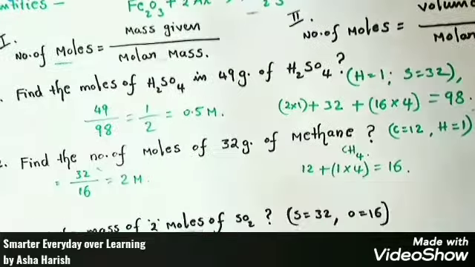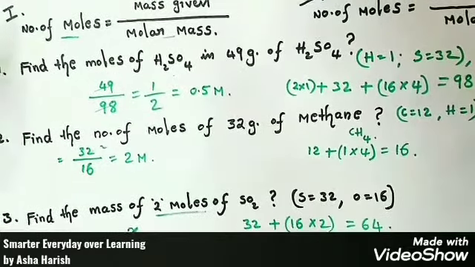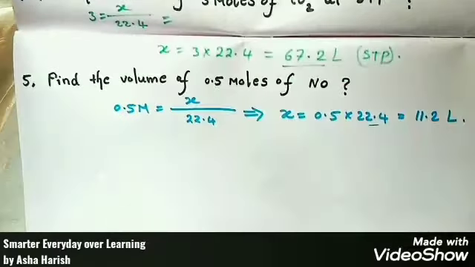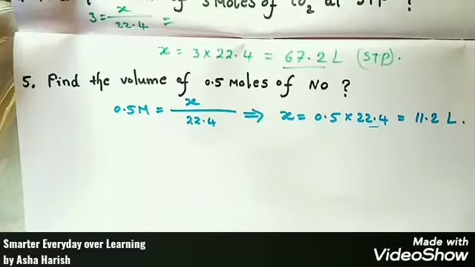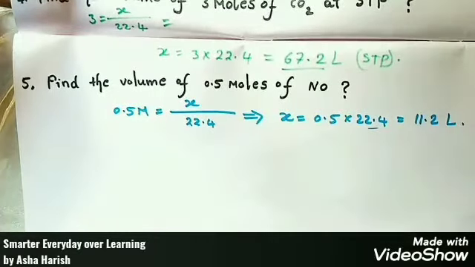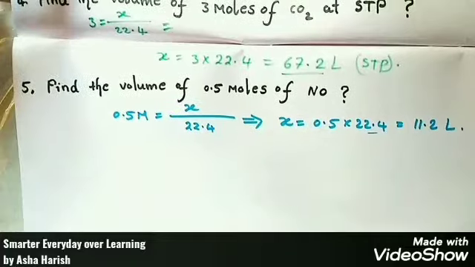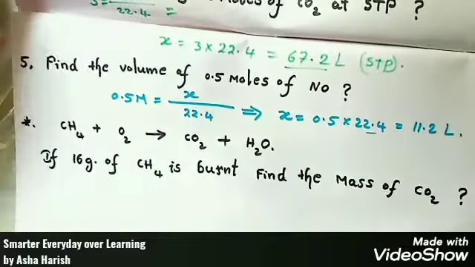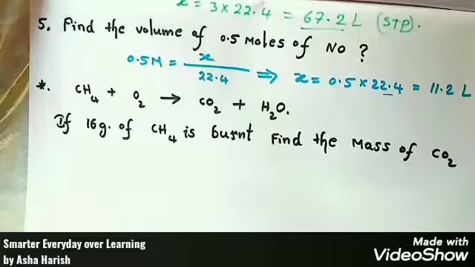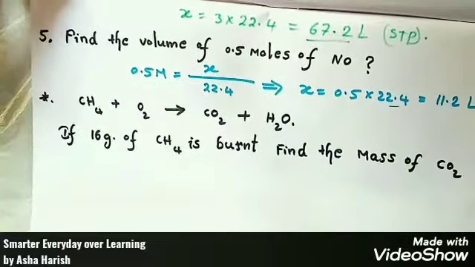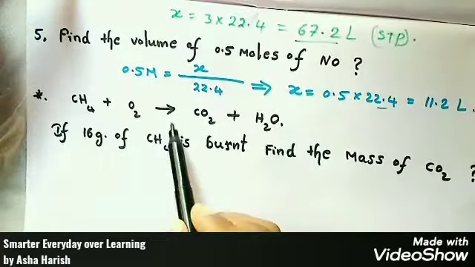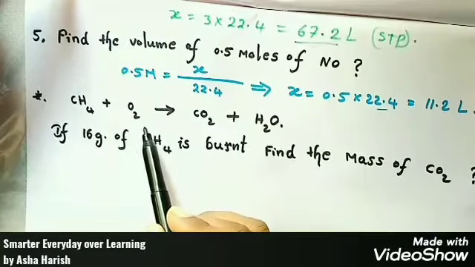Next students, we have to see the equations with an example. By taking some equations, let us find out the quantities of the reactants and the products. This is the chemical equation for the combustion of the methane molecule. Obviously the combustion process is done in the presence of oxygen.